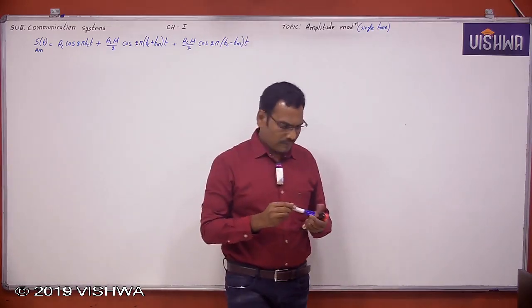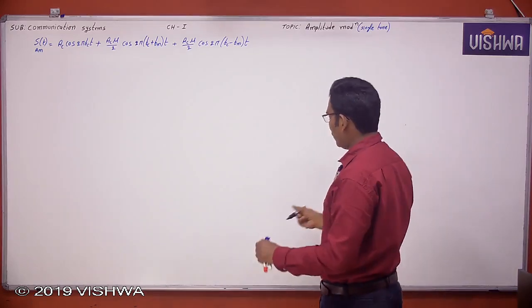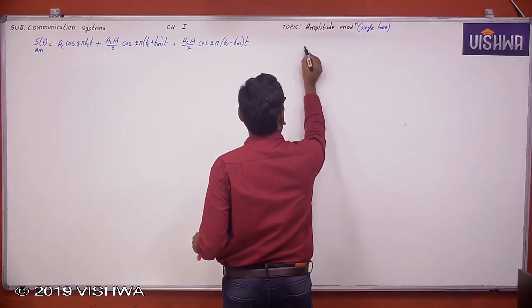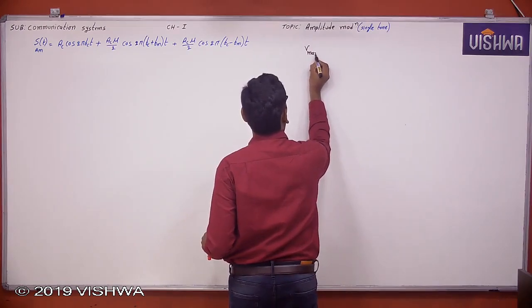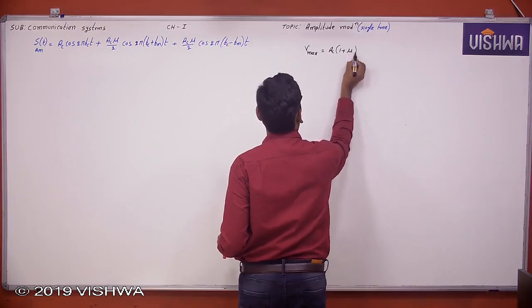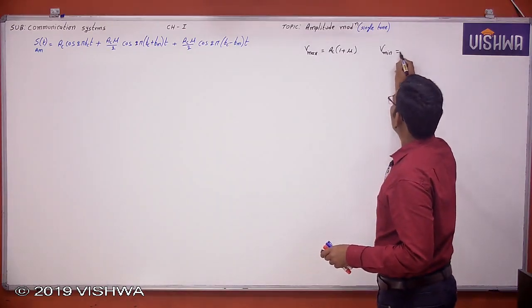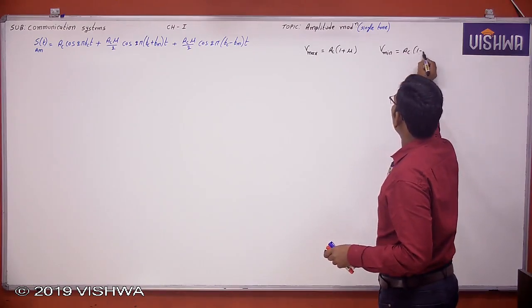Okay, student. Previously we found the maximum amplitude of the carrier after AM modulation: V maximum equals AC into (1 plus mu), and V minimum equals AC into (1 minus mu).